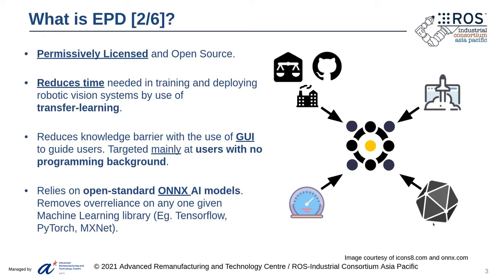Therefore, in order to stay on top of it and prevent being locked within a machine learning library, we have specifically selected to depend on the open standard ONNX, which most machine learning libraries like TensorFlow, PyTorch, MXNet, gluon-CV, Chainer-CV, the list goes on, all export to.